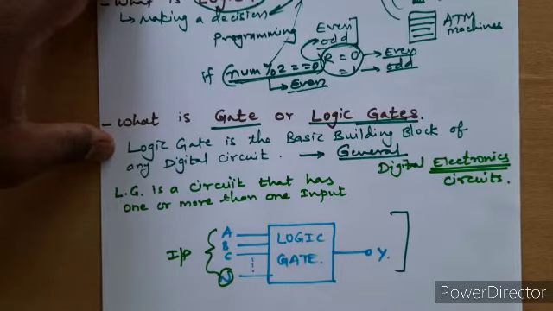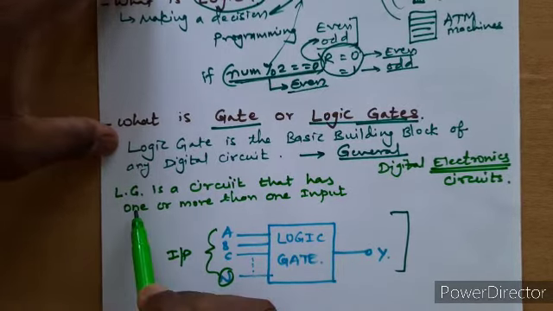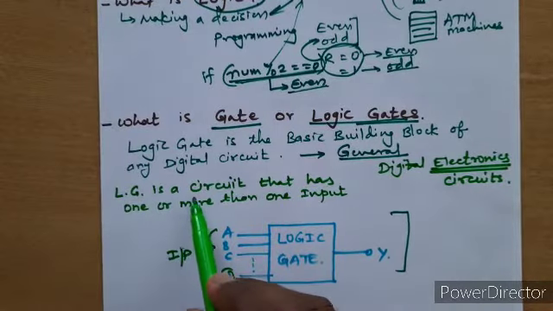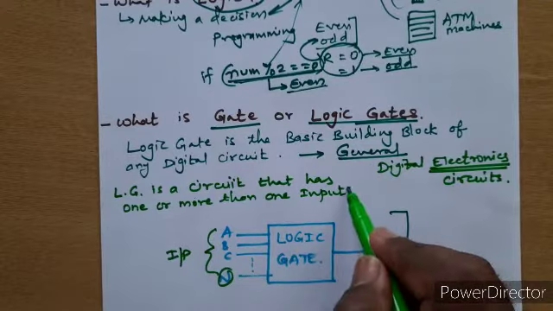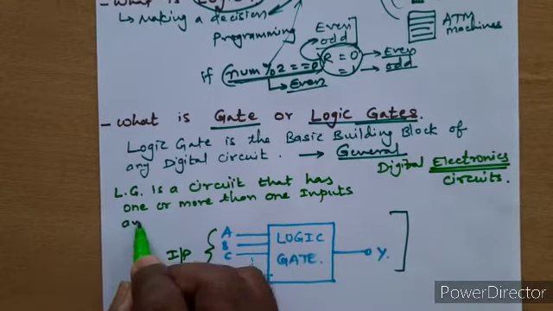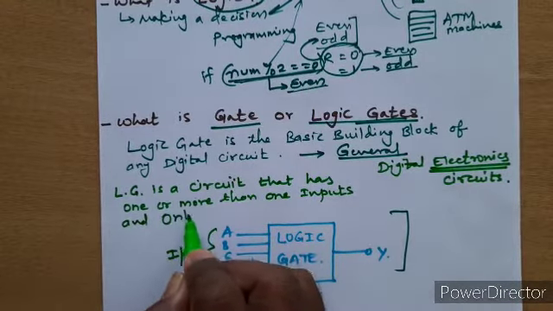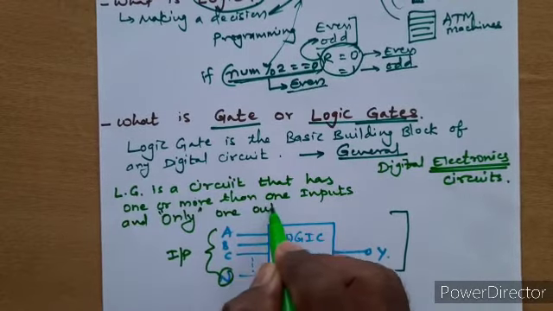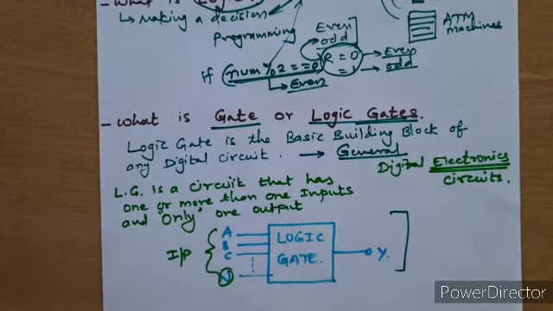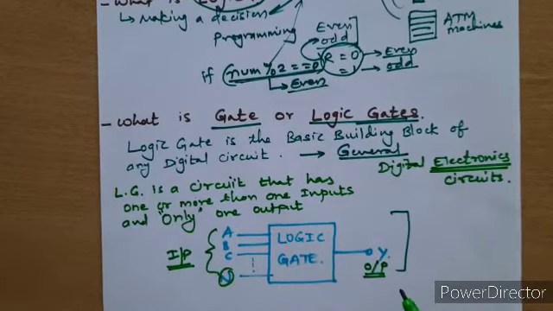Okay, you can have 1, 2, 3, 4. So n number of inputs you can have, right? So a logic gate is a circuit that has one or more than one input and only one output. So these are inputs and this is the output.